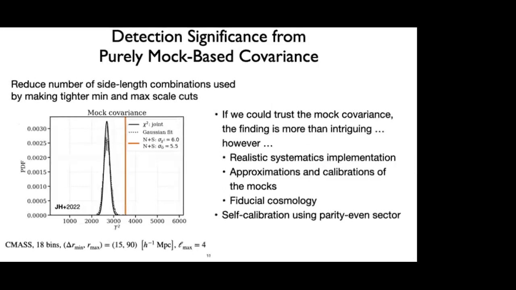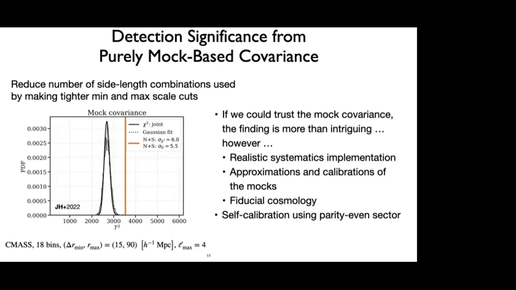So now if we put aside the analytic covariance for a while, an additional test we did was to calculate the detection significance by purely mock-based covariance. Here we applied cuts in the data vector to force a minimum radial bin separation and a cut at the large scales, such that we can reduce more nonlinear modes and also reduce the concerns about the large-scale systematics.